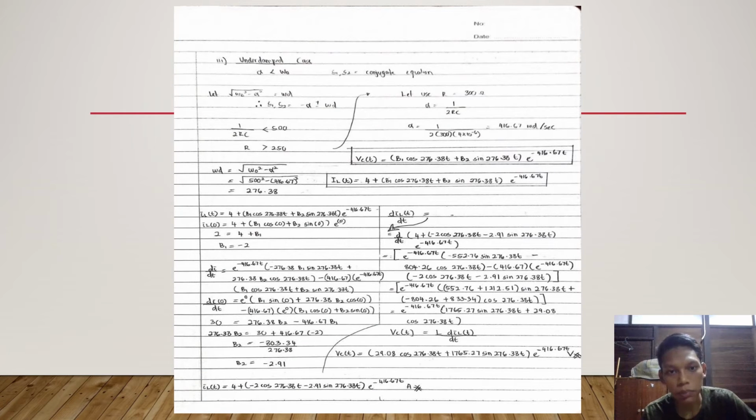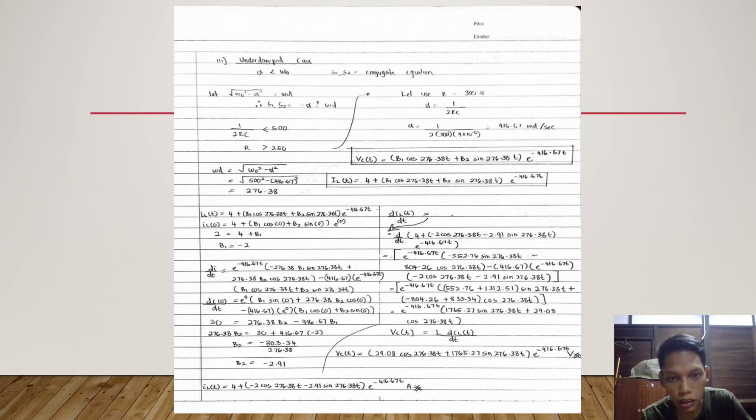Third, the other case, alpha less than ω0. When we want the resistance bigger than 250, I choose 300 ohm. The alpha we get is 416.67 radian per second.